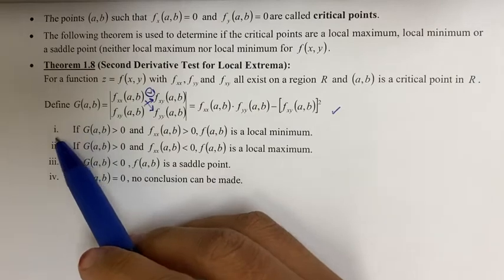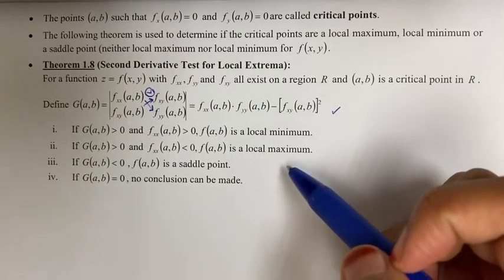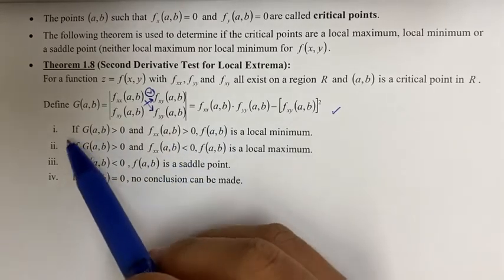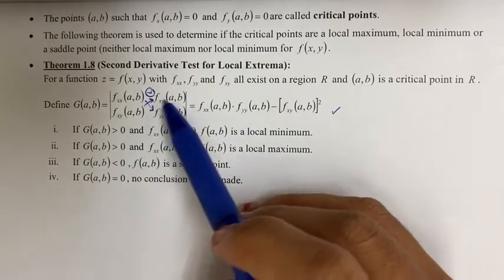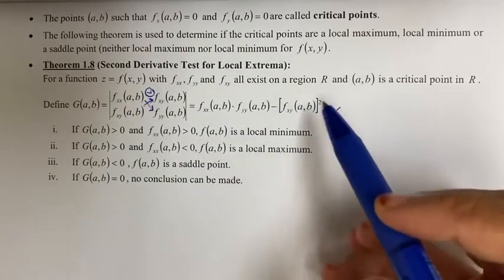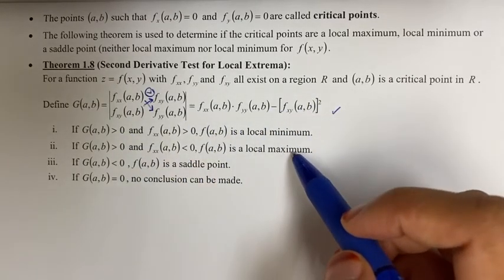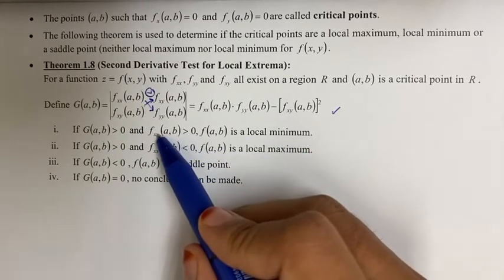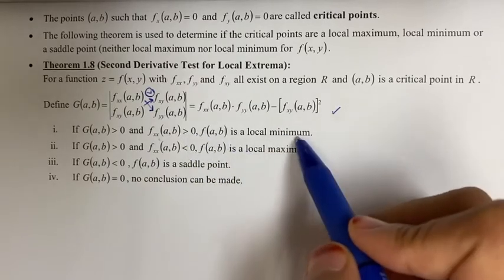Okay, there are 4 conclusions that can be made from your G and fxx. First, if G(a,b) is greater than 0, it is either a local minimum or a local maximum. Then refer to the fxx value. If fxx is greater than 0, it is a local minimum.